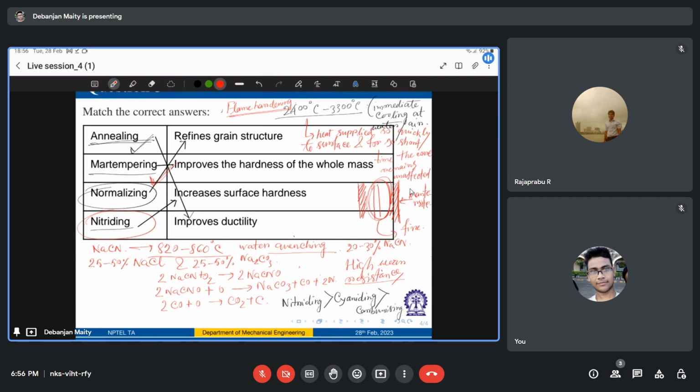This is a very simple method to automate, and the process is more efficient for large workpieces as compared to induction heating. So if you are case hardening some large workpieces, right?